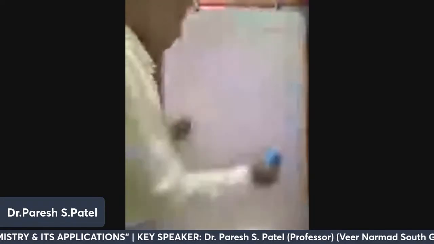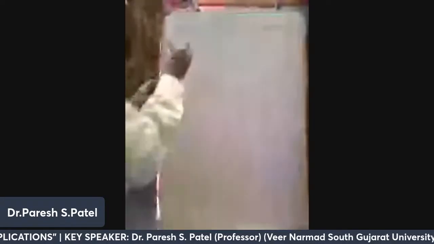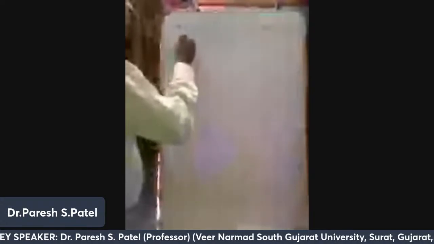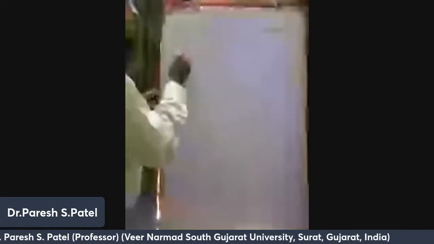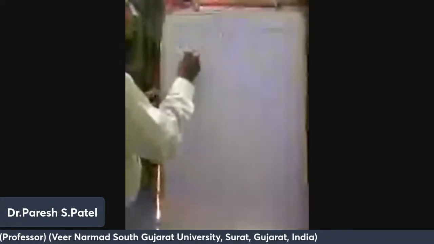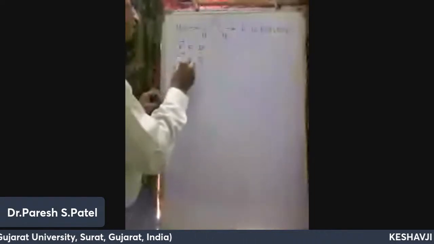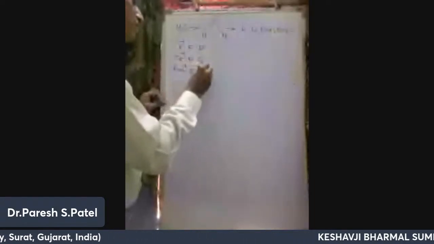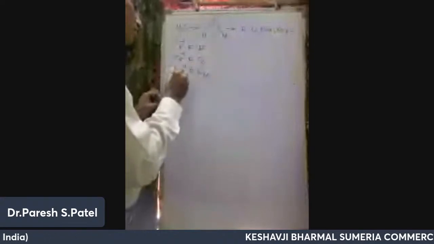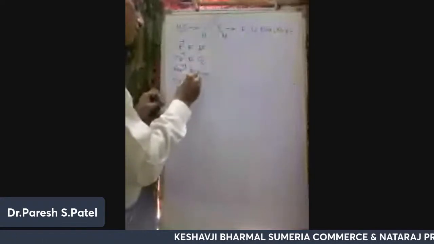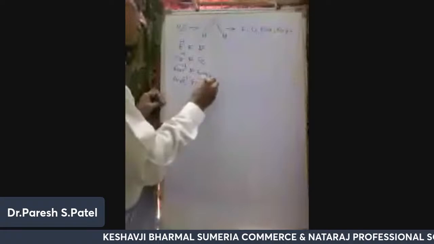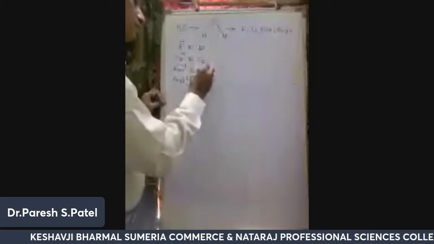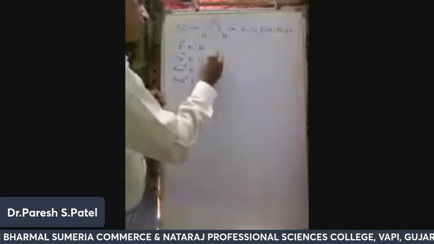So let us start with the first, E. E inverse E E, C2 inverse E C2, sigma v xz inverse E sigma v xz, sigma v yz inverse E sigma v yz.